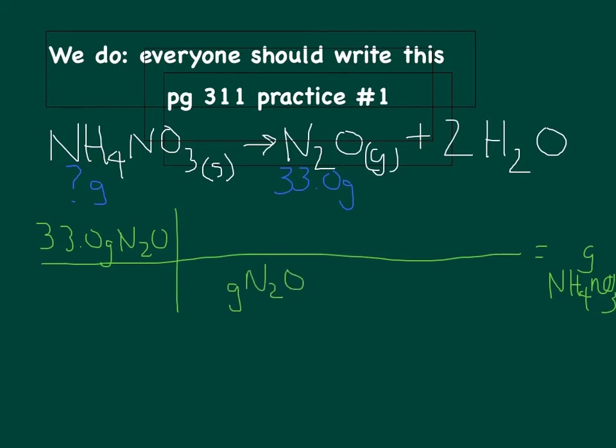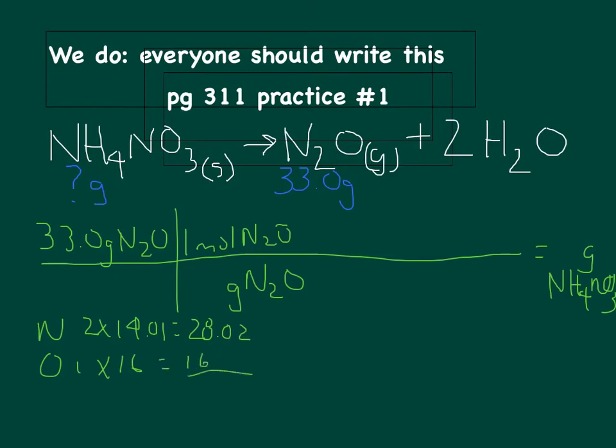And that's how many grams are in 1 mole of N2O. So we go off to the side and we calculate that we have 2 N's and 1 O. These are 14.01 times 2 and 16, so we get 28.02, and we get 16. Add it up, I think that you get 44.02. So that's what goes on the bottom, 44.02.